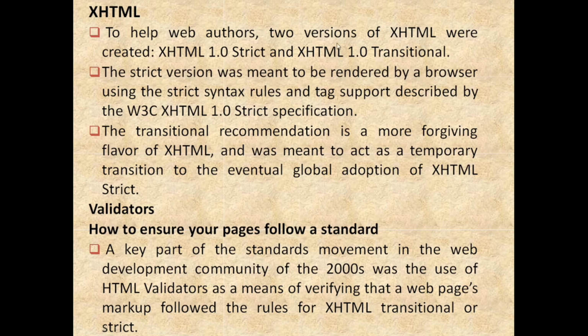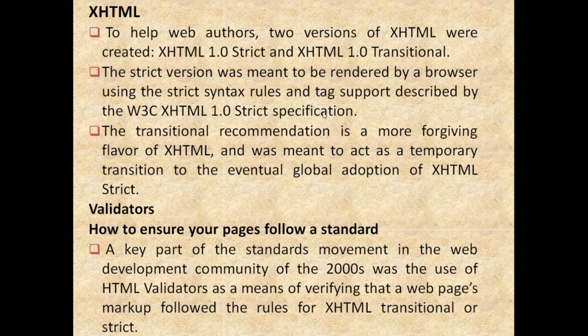So what is the difference between these two versions? Let us see. First, the strict version was meant to be rendered by a browser using the strict syntax rules and tag support described by the W3C XHTML 1.0 strict specification.